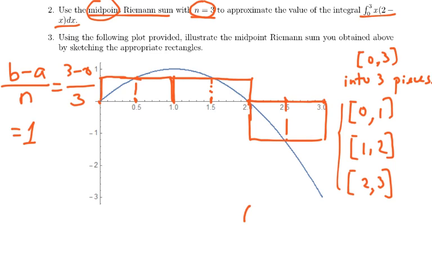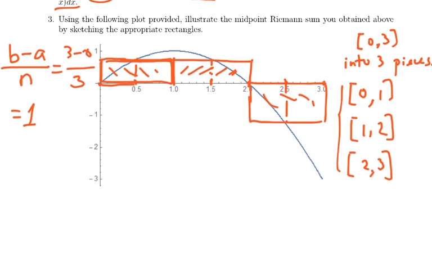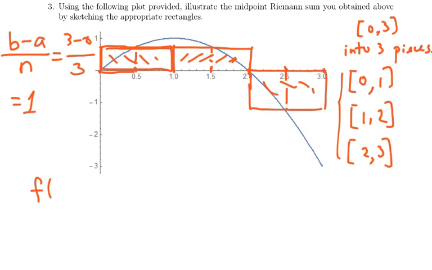Okay, and then we're going to give an approximation to the integral of the given function. That means we're going to use the formula for the area of the rectangle, the base times the height, to evaluate the area of each rectangle and then add them together. For the first rectangle, when x goes from 0 to 1, the base is equal to 1, and the height is the function value when x equals 0.5.